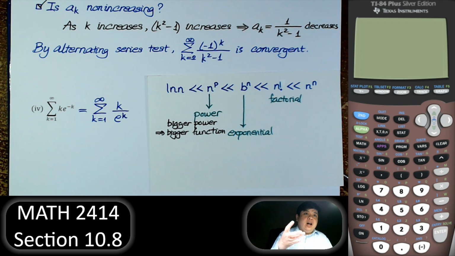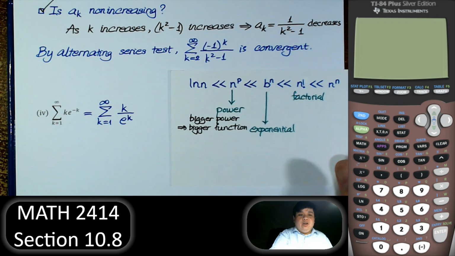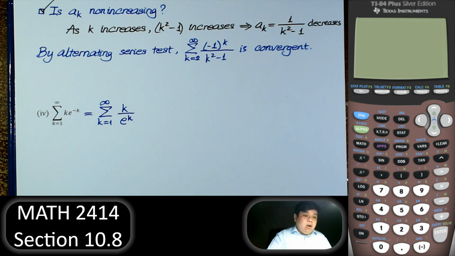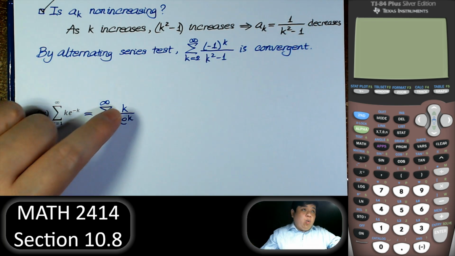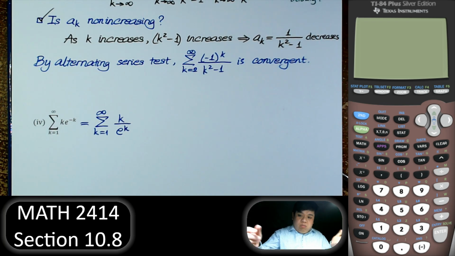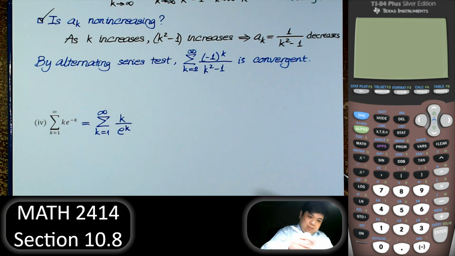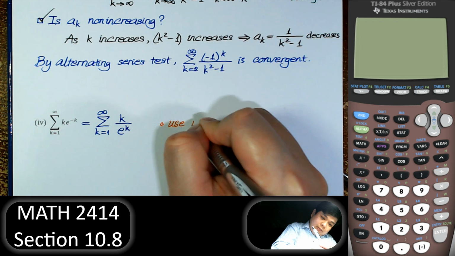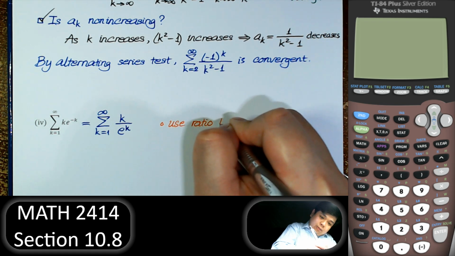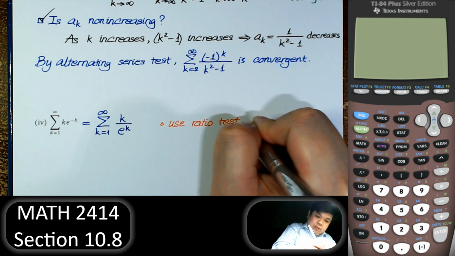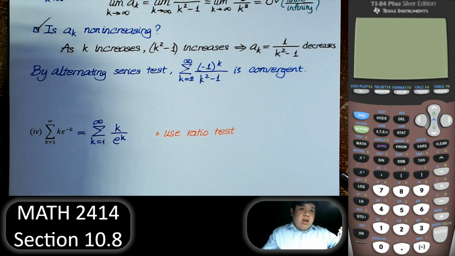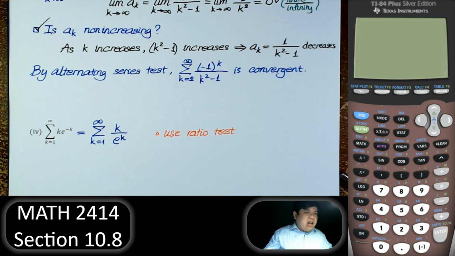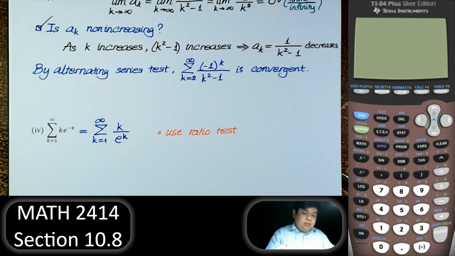So a faster term at the bottom means convergent, compared to the ranking here. So one term at the top, one term at the bottom, use the ratio test. Usually that is the case.